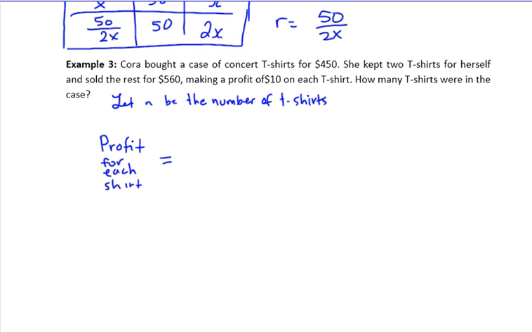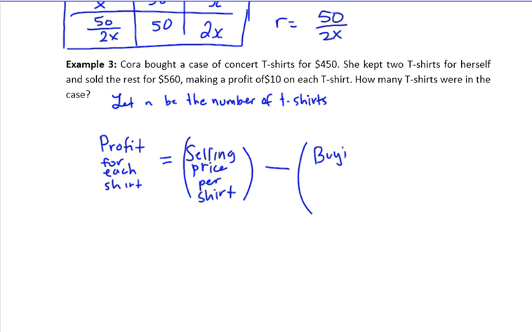equals the selling price per shirt minus the buying price for each shirt.